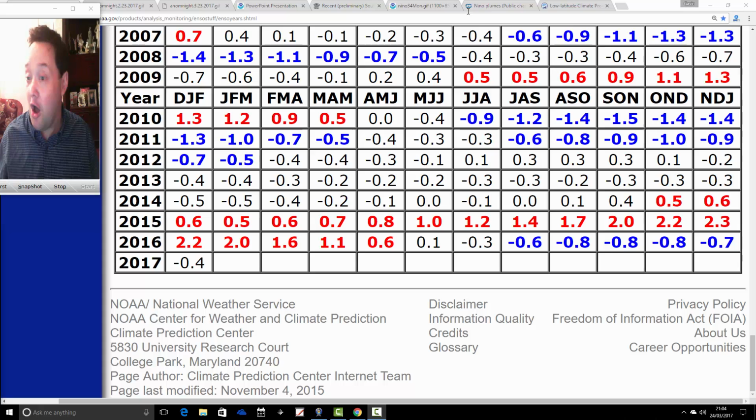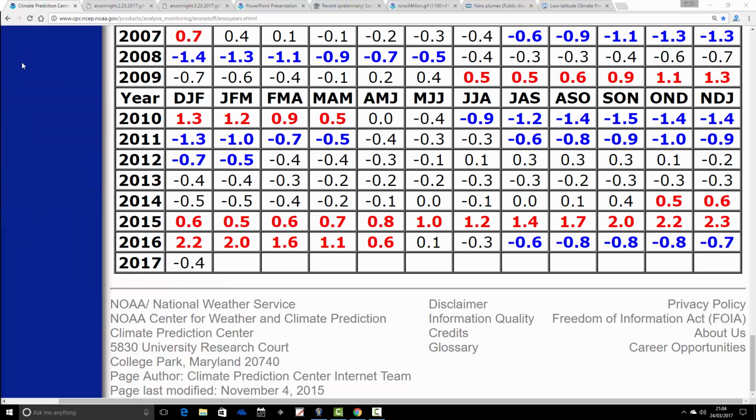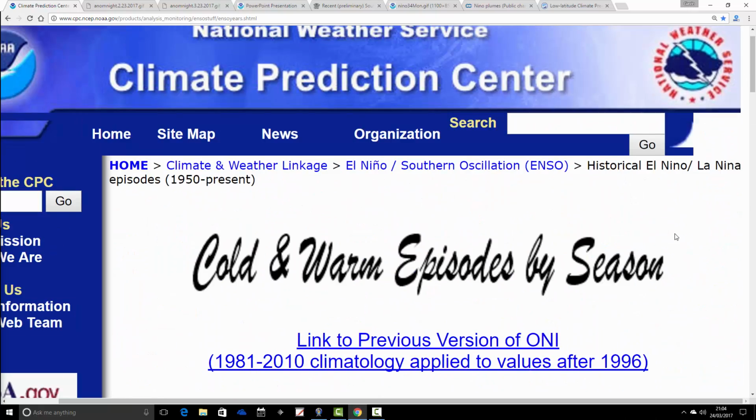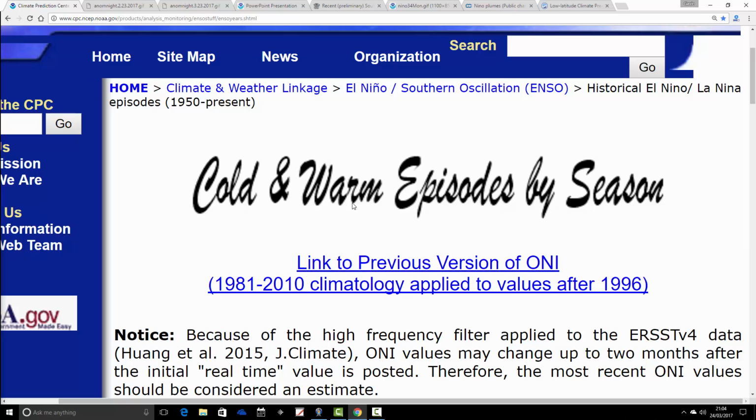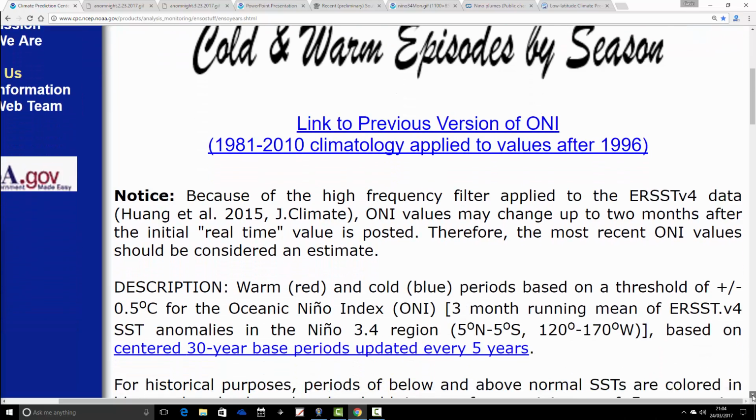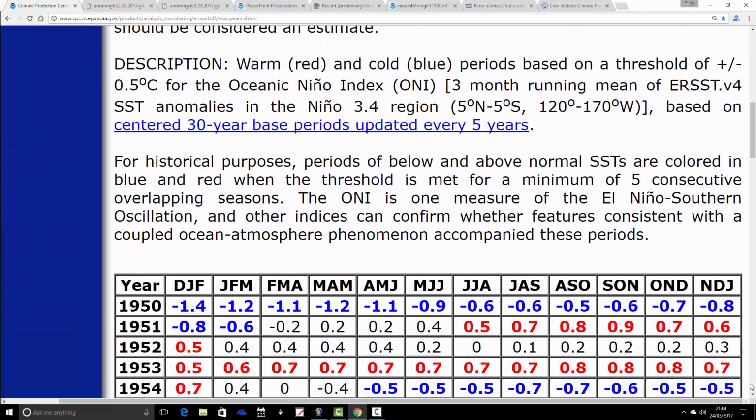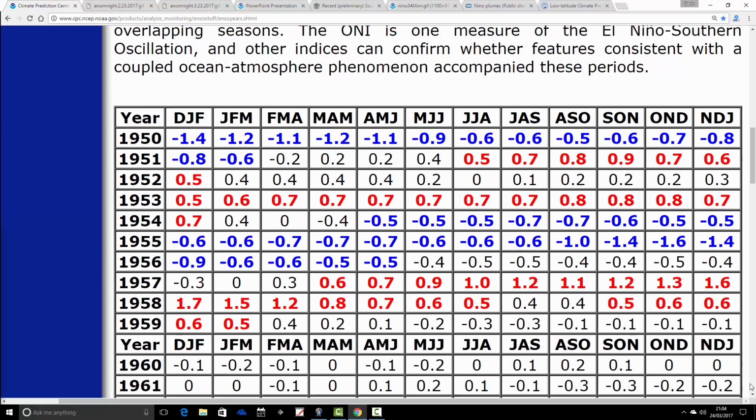Right, let's get on, and we're going to start off first of all with this chart. This is the cold and warm episodes by season chart from NOAA. This lists all of the El Nino and La Nina events, the warm and cold events that have occurred right way back to 1950.